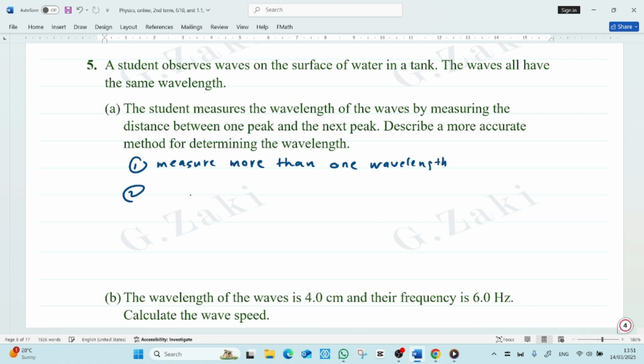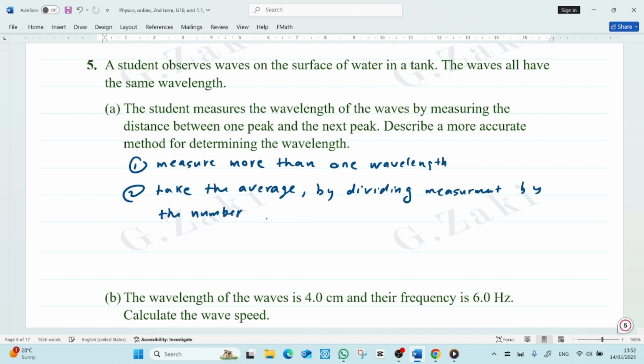Number 2, take the average by dividing the measurement by the number of wavelengths that measured. So we take the average of many readings.